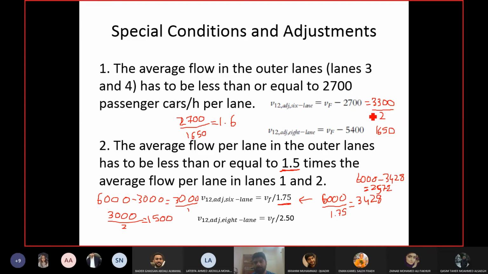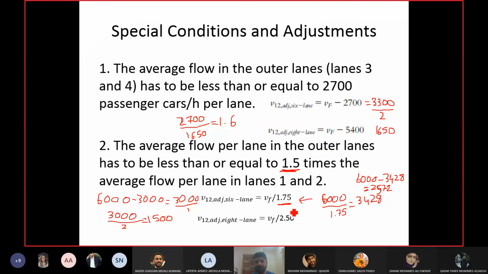So you see here, if I go by this approach, then my volume in the two adjacent lanes is 3,300. Then per lane will be 1,650, and the remaining will be 2,700. If I take the ratio, it is still more than this condition, so it will not fulfill this condition.